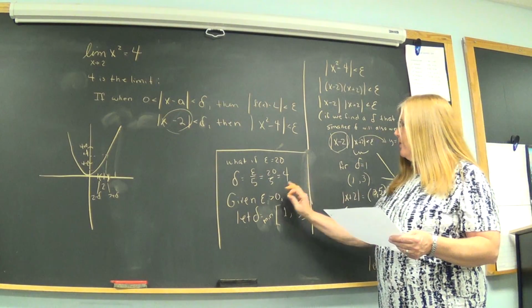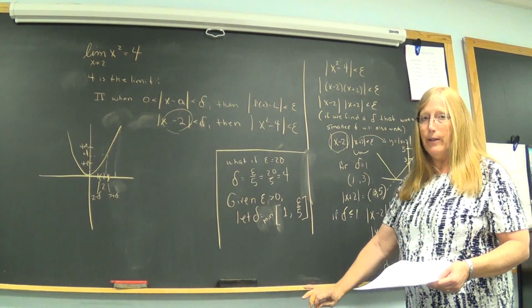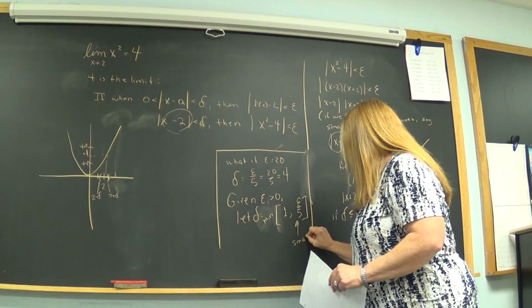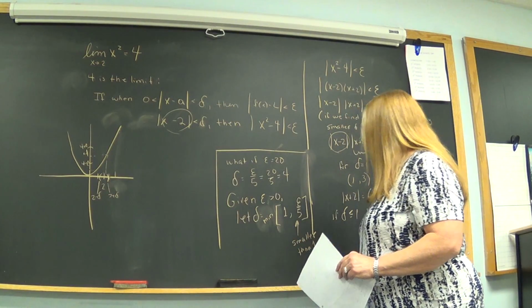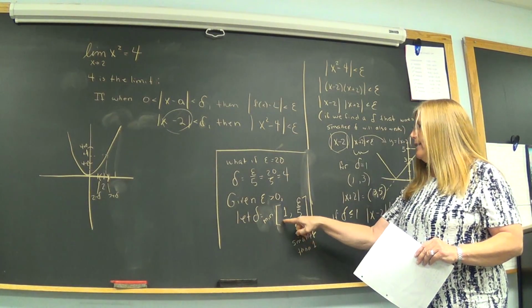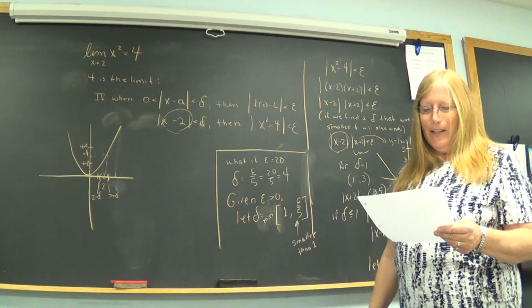So when we pick the smallest in this box, it's either going to be 1 or something smaller than 1. This is going to be smaller than 1 if we choose it. All right, if epsilon over 5 happens to be greater than 1, then we're going to let delta equal 1. So that's the way we jump over that problem.